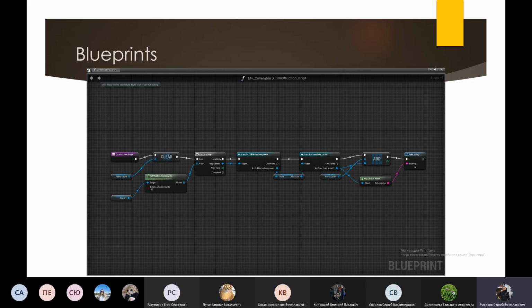Here it is the for each loop, and then if the array element casts to child actor component, it means that if the array element is an object of this class or an object of some child class, then we work further. Else cast failed, and here we do nothing. So after that we cast to cover point actor, some child actor of this target, and add this element to our point cache array and print the display name on our screen.